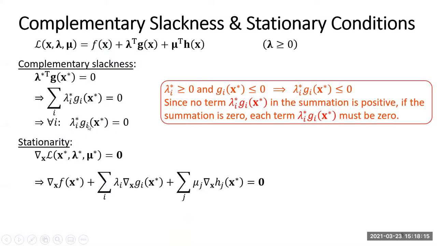Each term in the summation would be equal to 0. Okay, either lambda i star would be equal to 0 or g_i of x star equals 0.